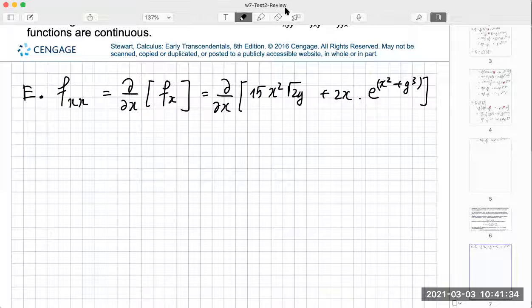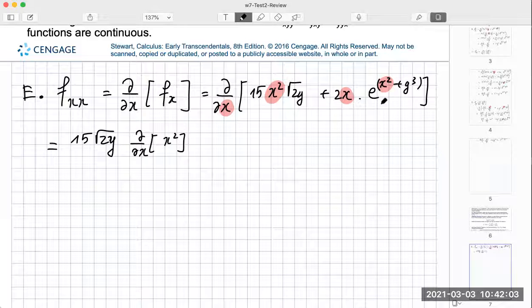Okay. Again, we take the partial derivative with respect to x here, so we treat the others as constant. The first guy becomes 15 square root of 2y times the partial derivative with respect to x of x squared. And this guy here is a product, so be careful.